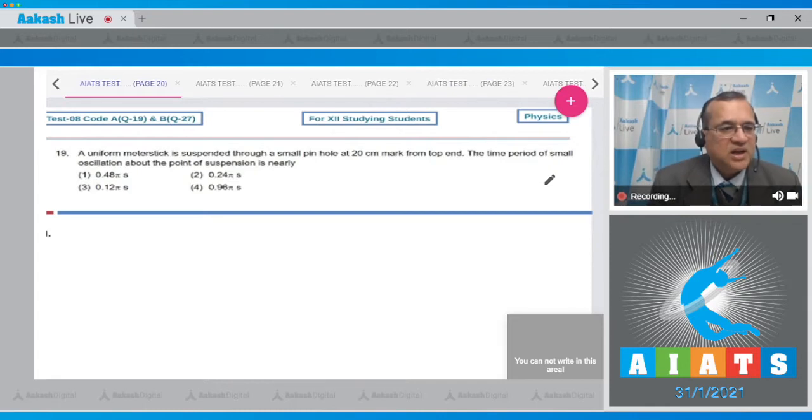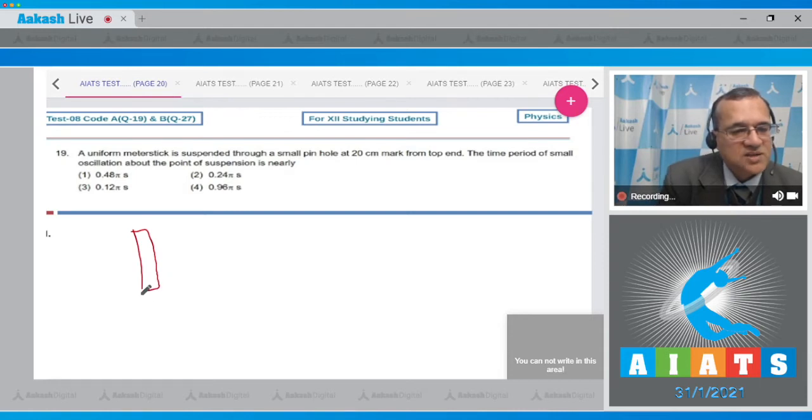Question number 19 says a uniform meter stick is suspended through a small pinhole at the 20 centimeter mark from the top end. Find the time period of small oscillation about the point of suspension. Now the meter stick has a length of 1 meter and it is suspended from this point, which is 20 centimeter from the top, and the center of mass will be 30 centimeter from here.